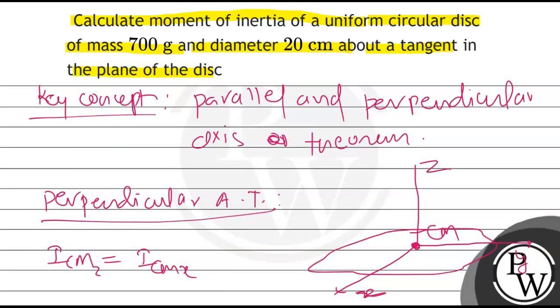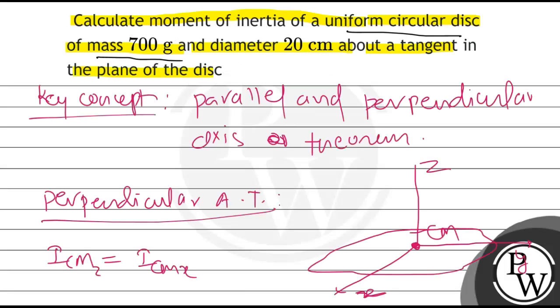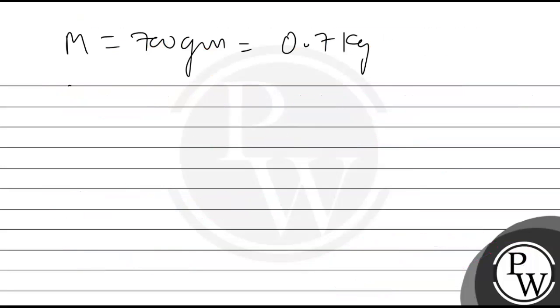Now let us read the question. We are given the mass of the uniform circular disc. The mass is given as 700 gram, which can be written as 0.7 kg, and the diameter of the disc is 20 centimeter. So the radius can be written as 0.1 meter.